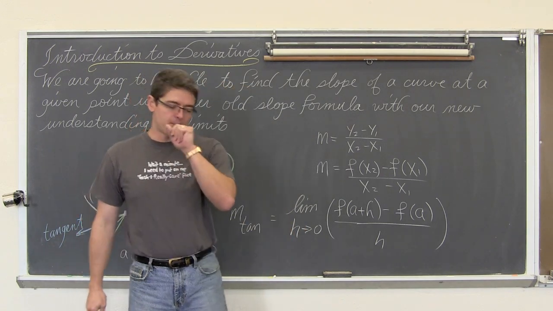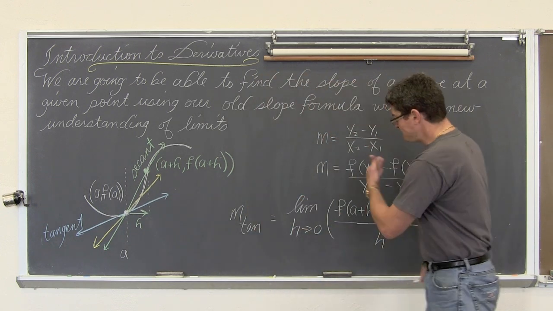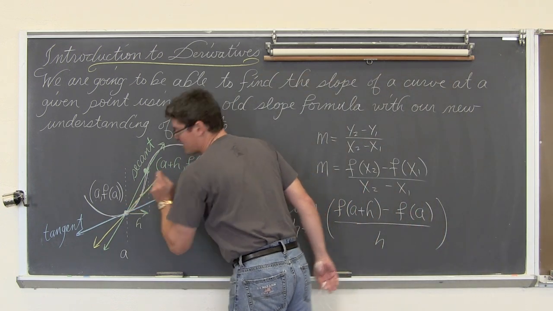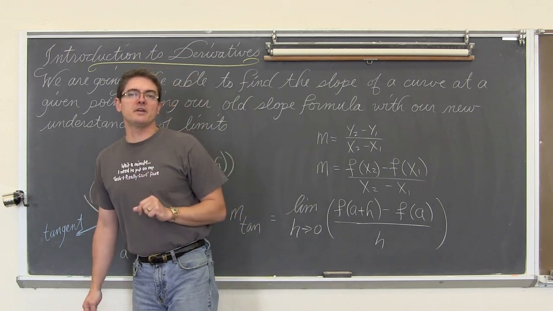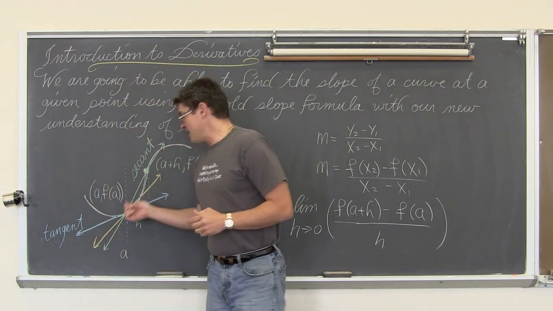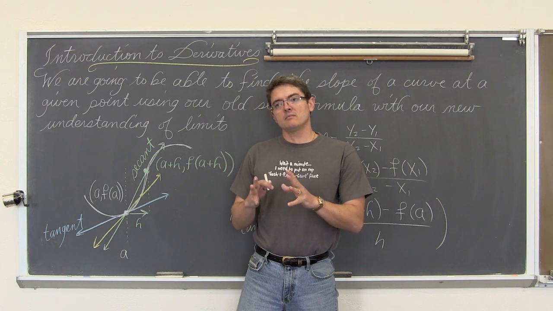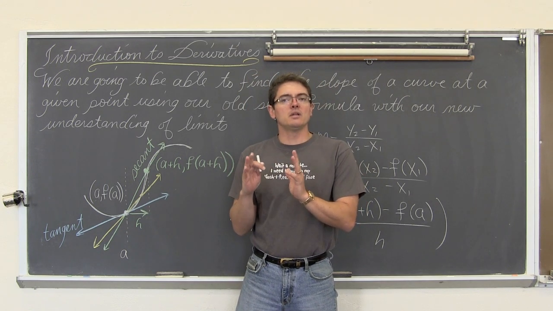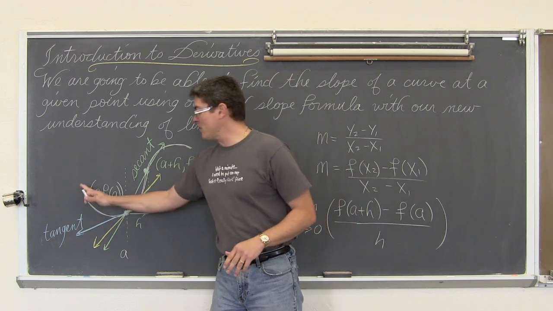So we're going to do 3 examples of finding the slope of a curve function at a particular point, and then we'll do another video that is not going to be finding slopes at a particular point, but will give us a new equation that will allow us to find the slope at any given point.